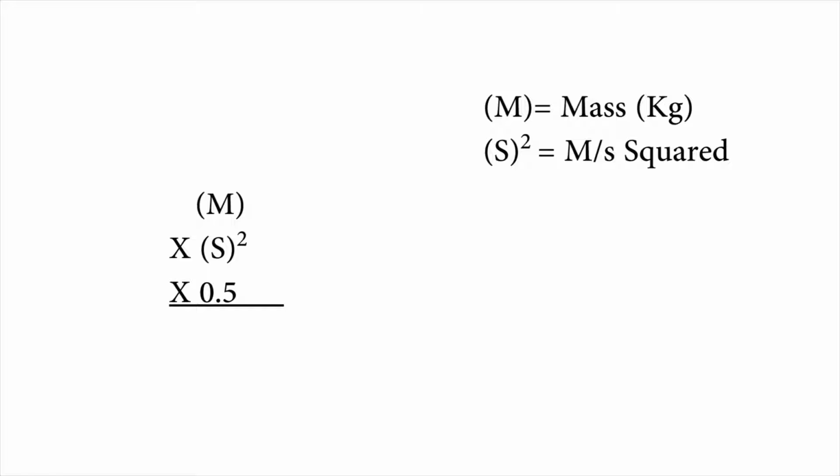To calculate the amount of raw kinetic energy in the projectile, I'll multiply the mass in kilograms with the speed of the projectile in meters per second squared, and then I'll multiply the final number by 0.5. This will get me the amount of kinetic energy in joules. If you don't know what joules are, don't worry, we'll do some comparisons and stuff to just give you a general idea of how much energy it equates to.